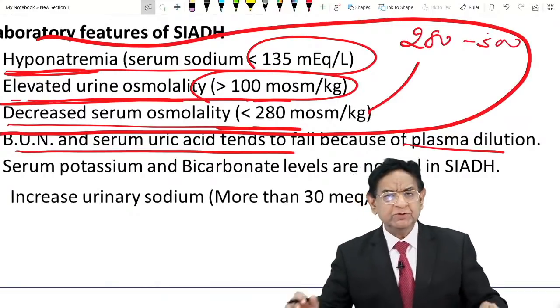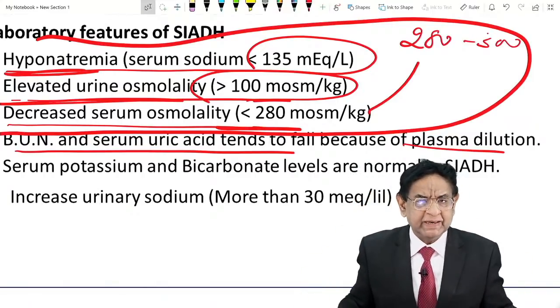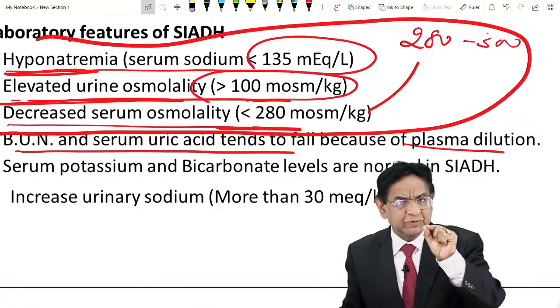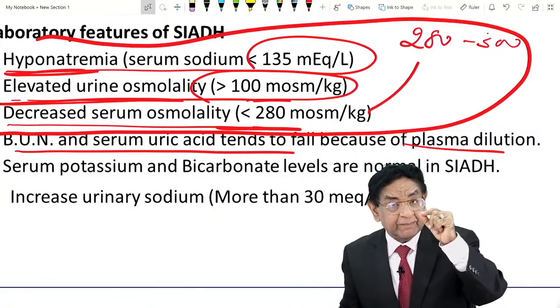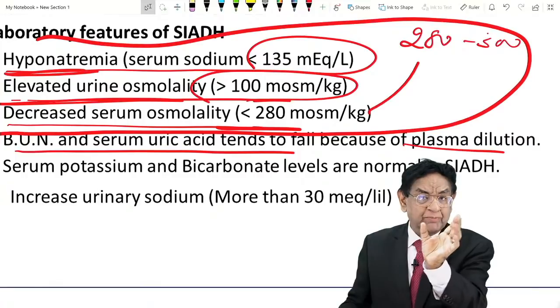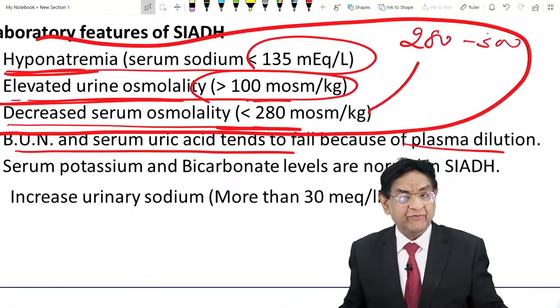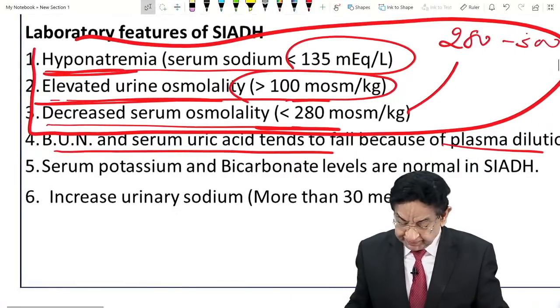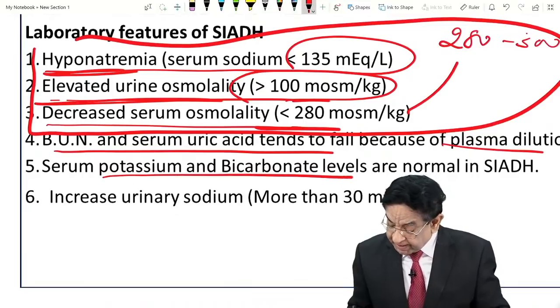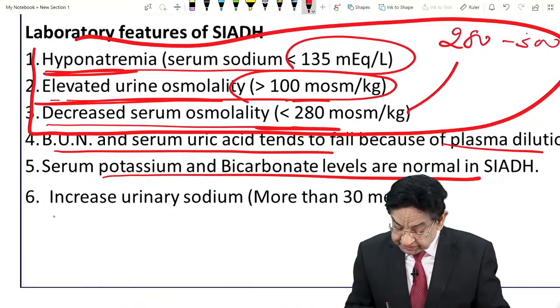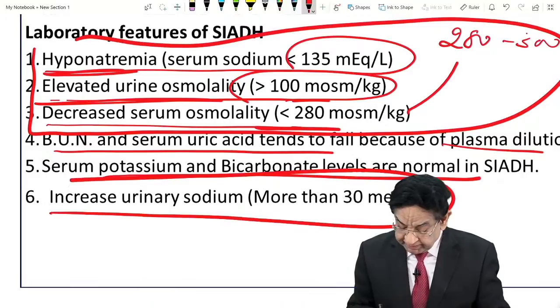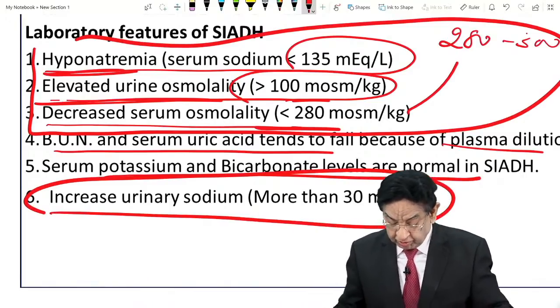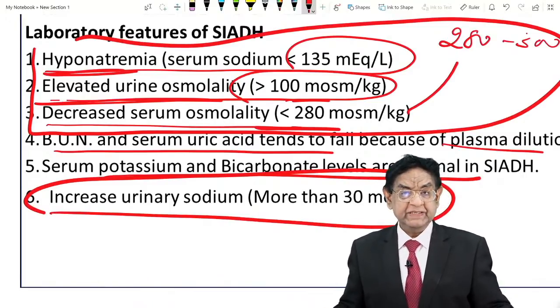Even total body sodium, although we say it is normal, is slightly reduced in relative terms. But why do we call it euvolemia? Because there is no edema of the feet. Potassium and bicarbonate are normal, and urine sodium is increased, more than 30 milliequivalents, but I told you earlier also. So these are lab findings.